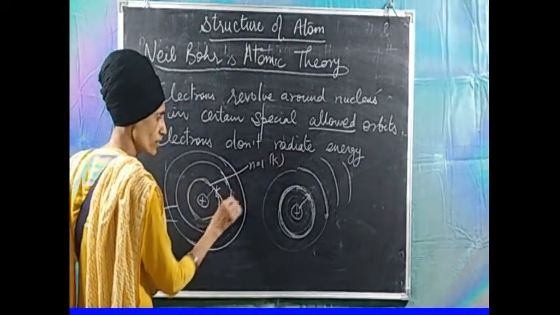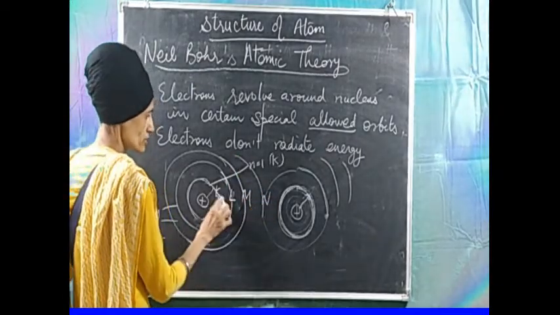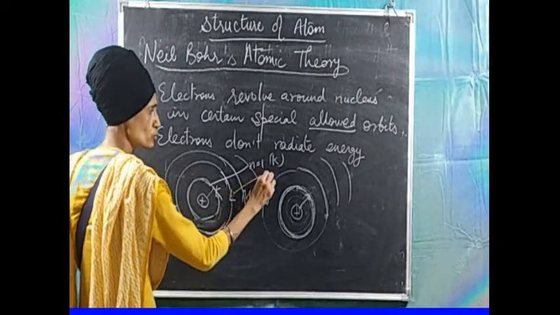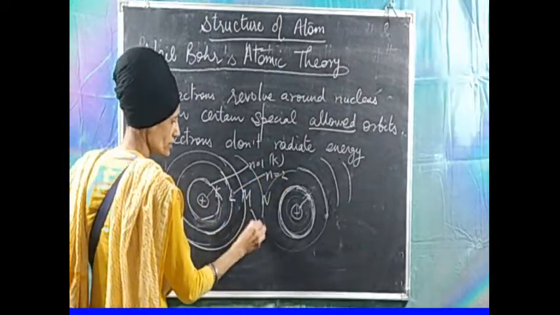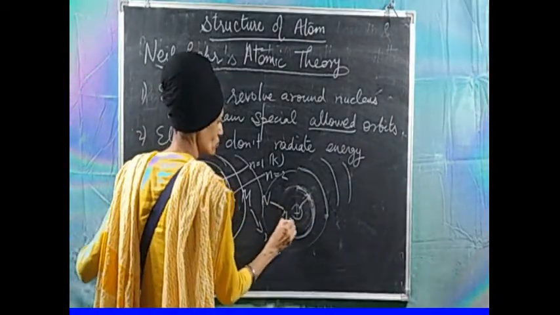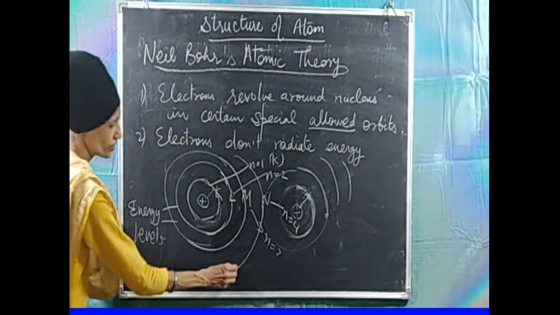Then next he called L, next M, and fourth N, and so on. Small n is equal to 1 here, n is equal to 2 here, n is equal to 3, then n is equal to 4, and so on. So this was the model given by Bohr.